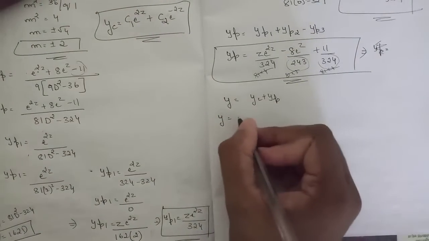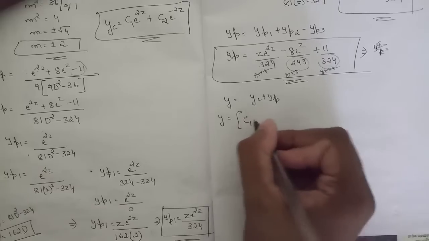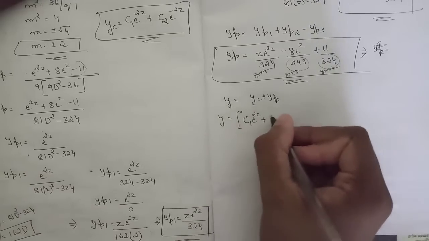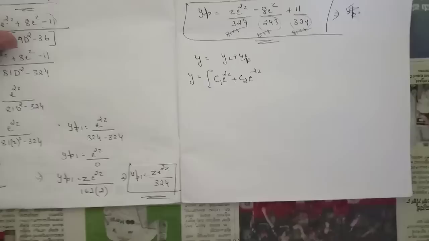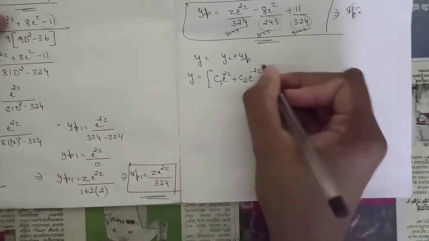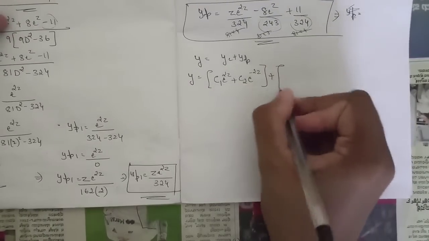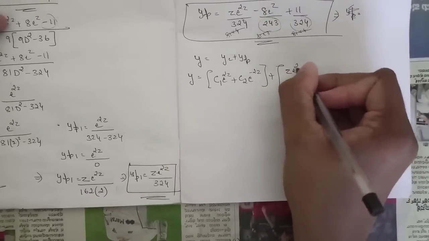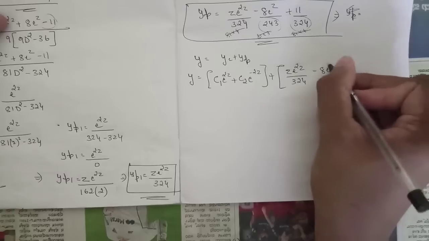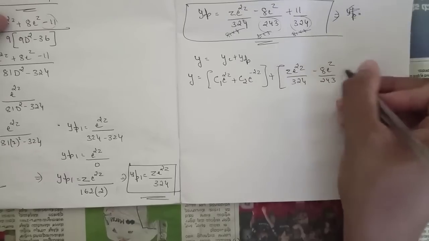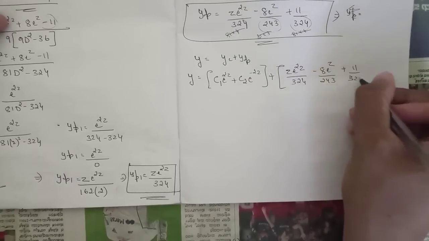And the yc term we got as c1 e to the power 2z plus c2 e to the power minus 2z, plus yp we got as z e power 2z upon 324 minus 8 e power z by 243 plus 11 by 324.